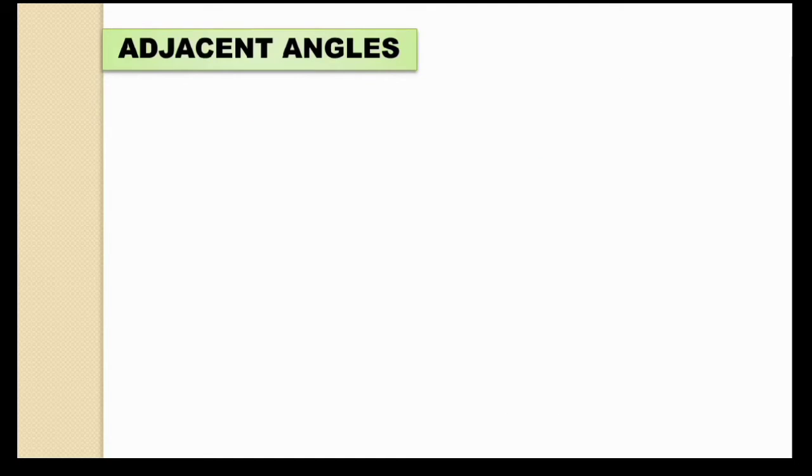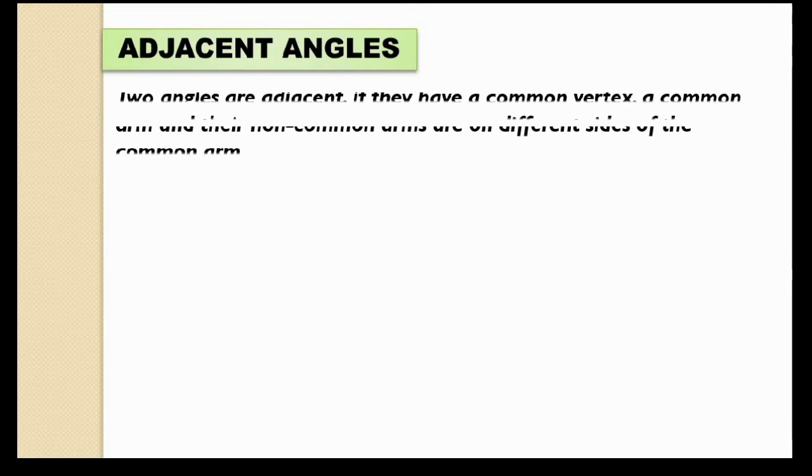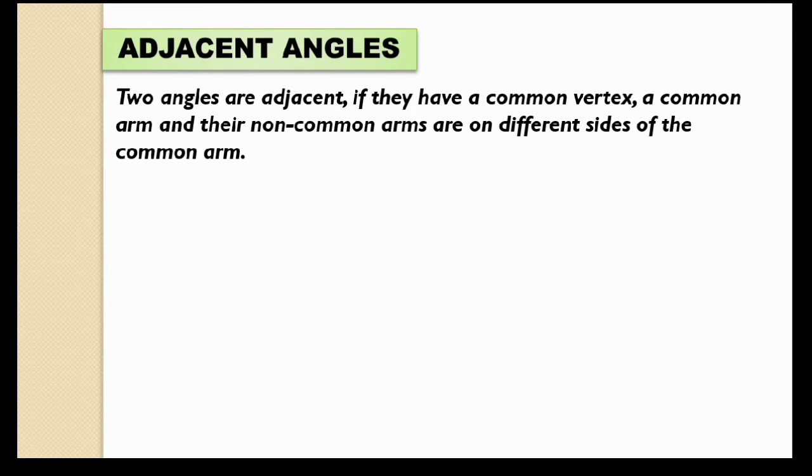Let's see what are adjacent angles. Two angles are adjacent if they have a common vertex, a common arm, and their non-common arms are on different sides of the common arm. Let's see the diagram.